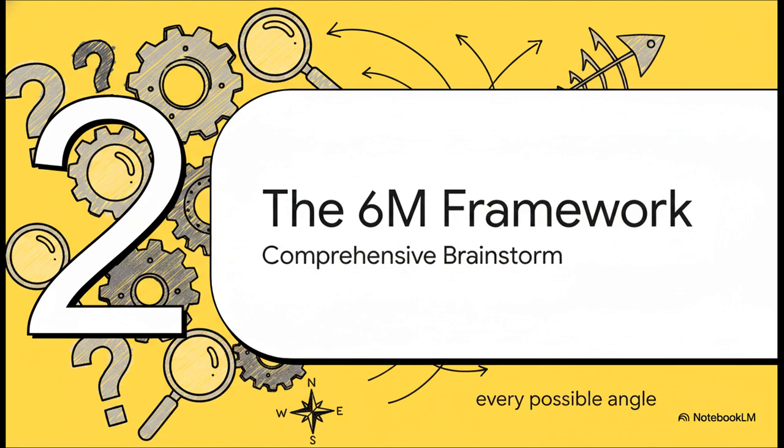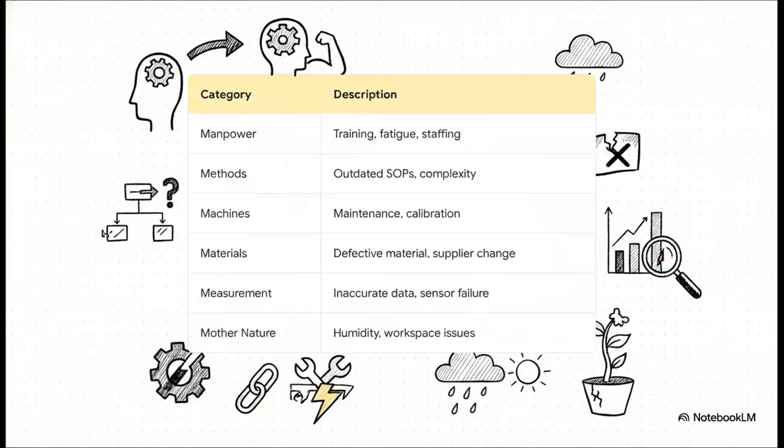It's called the 6M framework, and it forces us to look at the problem from every single angle. The 6Ms are like a detective's checklist. You look at manpower, which is all about the people involved. You look at methods, your processes, machines, your tools and equipment, materials, the stuff you're working with, measurement, how you track data, and yup, even Mother Nature, which is your physical environment. This forces a complete 360-degree view so nothing gets missed.